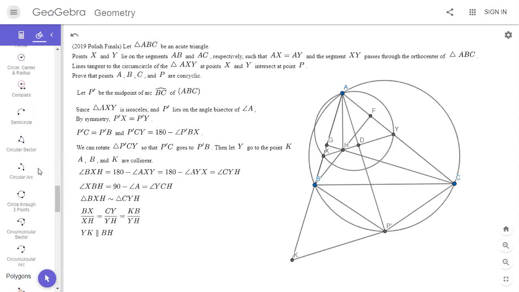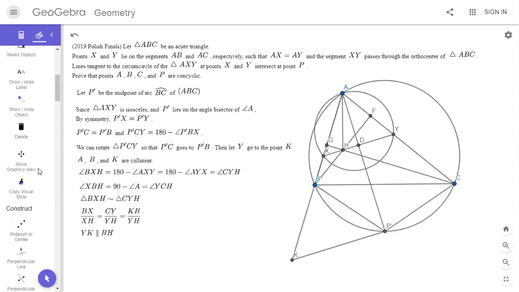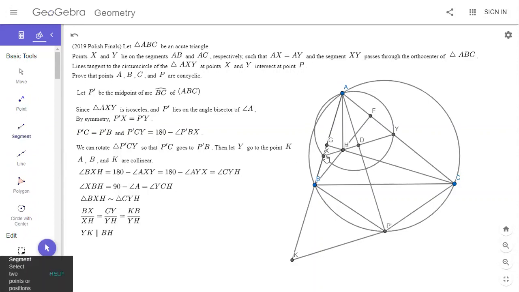Yeah, I feel like there's just a lot going on here, but basically we know we're trying to show that P prime XK is similar to AXY, but we know B splits the segment XK in the same ratio that H splits the segment XY, right?